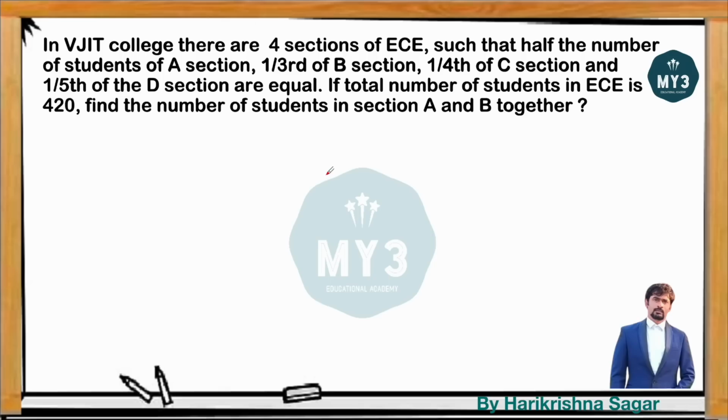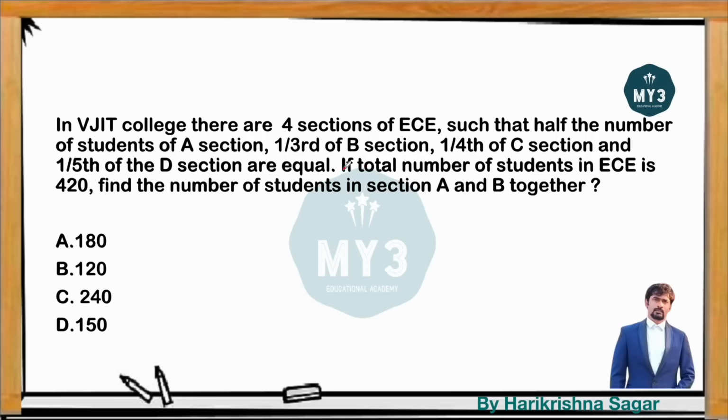That means he is trying to convey that 1/2 of A is equal to 1/3 of B, is equal to 1/4 of C, is equal to 1/5 of D. This is what he is trying to convey. And all are equal. That's why we have just equated them.